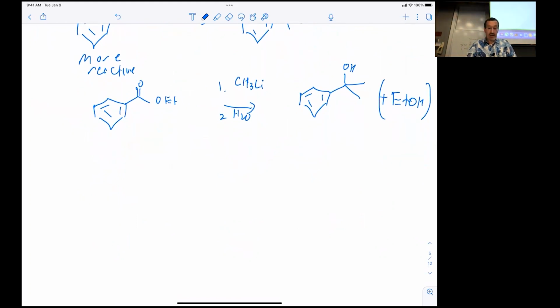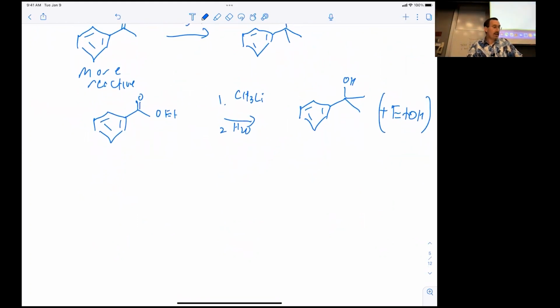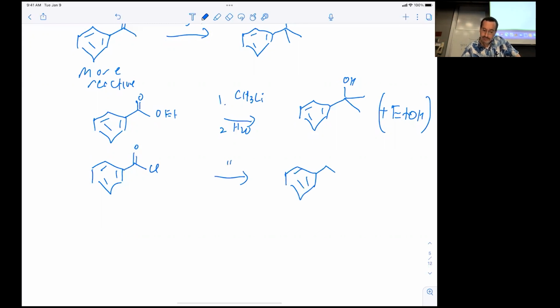And this is the same whether we do this for a carboxylic acid or an acid chloride. Acid chlorides are super reactive, but are also hard to stop at the ketone stage. So if I did this with benzoyl chloride, I would be in a very similar situation.